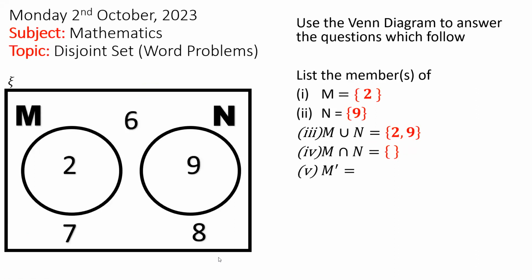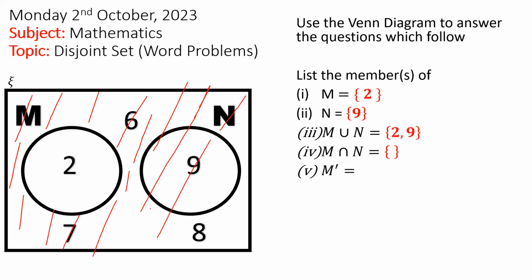M complement means all of the elements that are not in M, okay? So that means all of these, everything on the outside, but none that are in M. So you can include N, but you cannot include anything from M. Do y'all understand that?